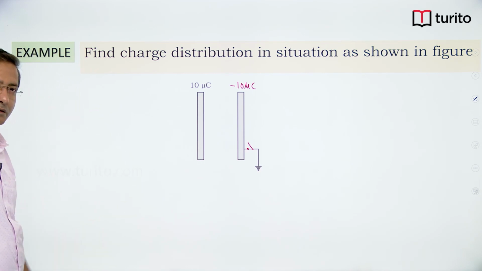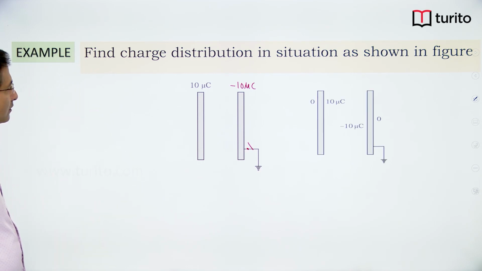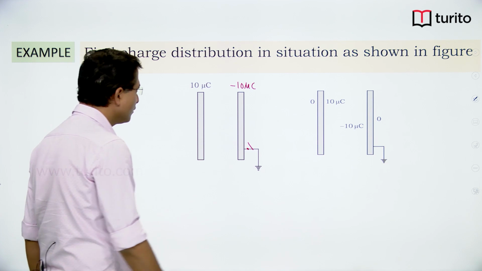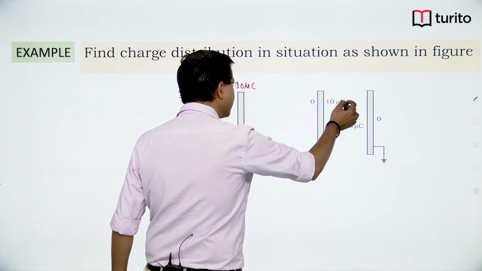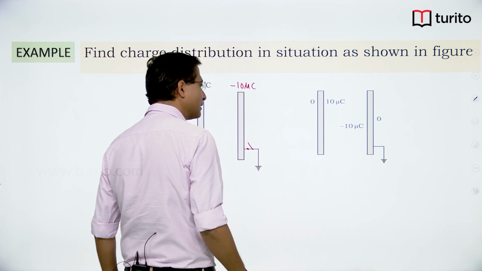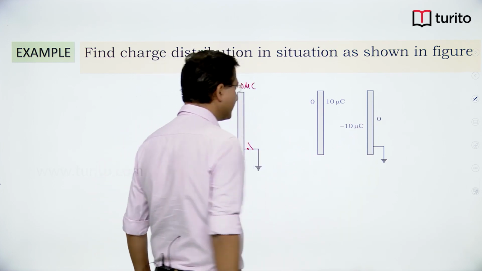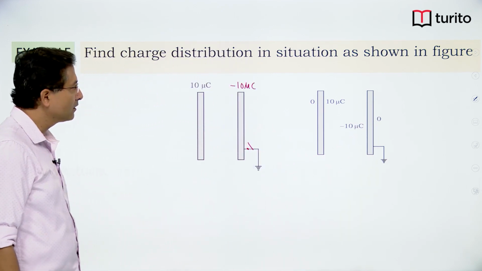So this one initially will give you a distribution like 0, 10 microcoulomb, minus 10 microcoulomb and 0 this side, right.